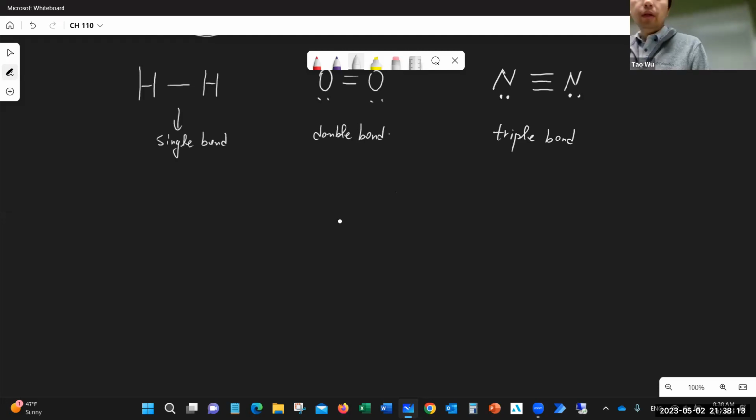Okay, so here we talk about the Lewis structures for molecular compounds. Just to let you know, the Lewis structure for a molecular compound is more complicated.